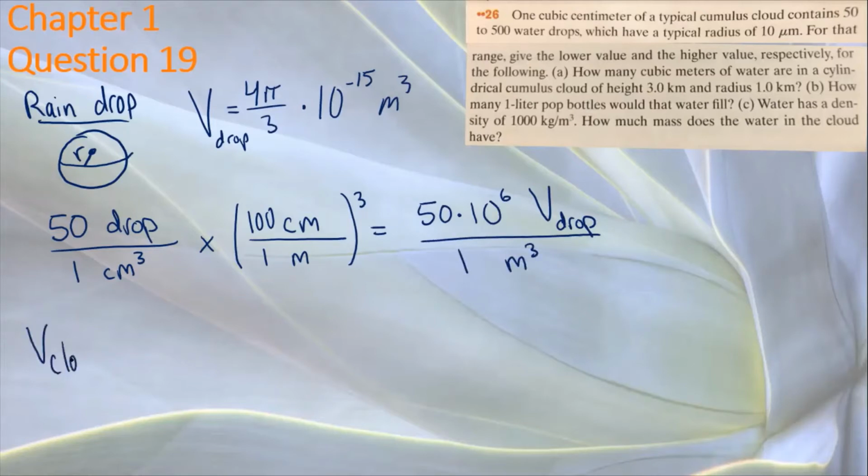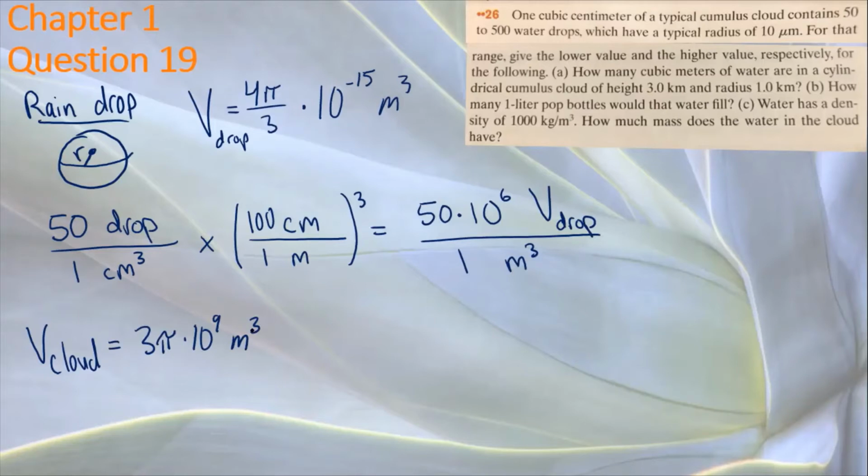Since we previously calculated that the volume of the cloud is equal to 3 pi times 10 to the 9th meters cubed, and we know that there's 50 times 10 to the 6th drops per meter cubed, we can figure out how many drops there will be in the entire cloud.